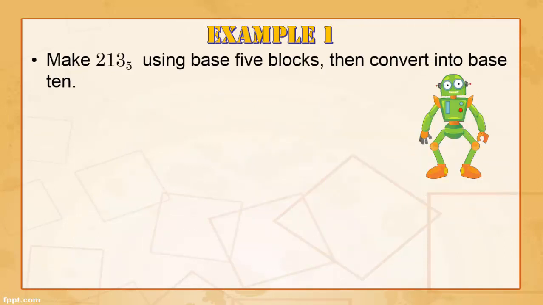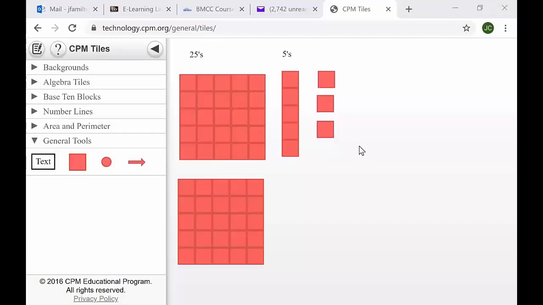In example 1, we're asked to make 213 base 5 using base 5 blocks and then convert them into base 10. So let's look at the whiteboard and see what we mean by this and how we're going to do this. What I did here in example number 1 is I took the number 213 base 5 and I set it up in terms of blocks.